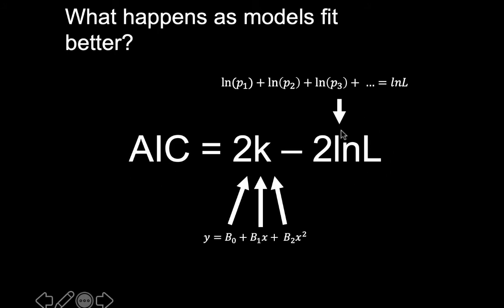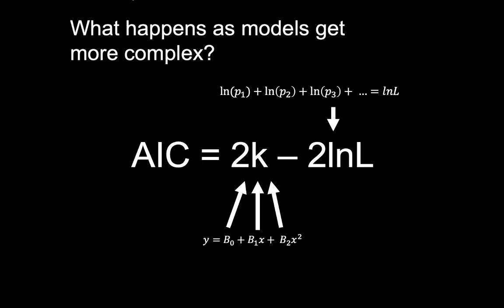If a model fits well, but is very complex, our AIC will be somewhat higher. If our model fits poorly and is very complex, our AIC will be very high indeed. So basically, this is a metric that goes up as models fit poorly and up as models are more complex. And it goes down as models fit well and down as models become simple. So what AIC really wants is a simple model that fits well.